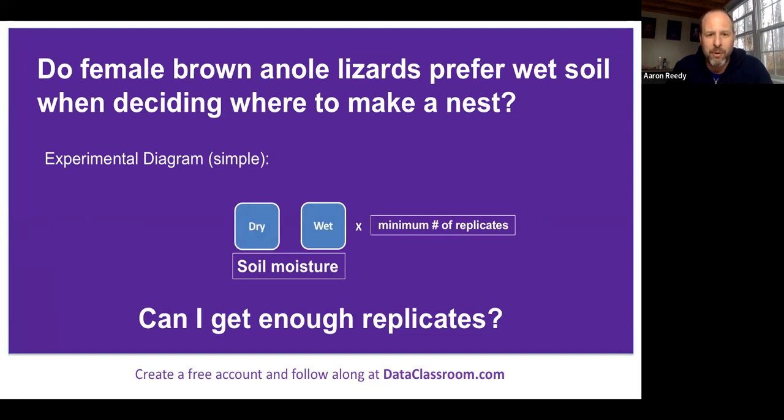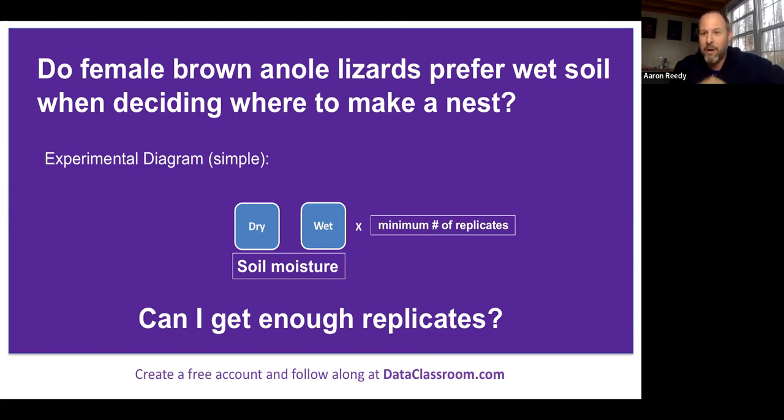If we want to explore this question, we're going to need to present a female brown anole with something that's dry and something that's wet to see which they prefer to lay an egg in. And then we're going to need to multiply this by some minimum number of replicates. So this is at the most basic level. There are still a lot of questions to answer about how we actually build this experiment, but this is the basic design or model for the experiment.